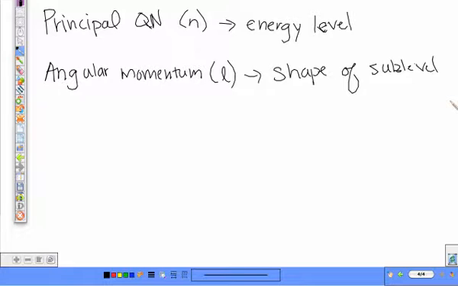When you're talking about S, P, D, and F, those are called sublevels because they have individual orbitals, but the orbitals have different shapes too. And this L can equal what? 0, 1, and 2, and so on.